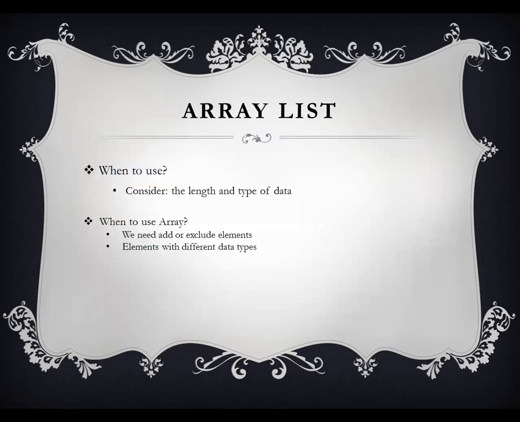When do I use an array list? I use an array list when I need to add or remove elements in the list, and the elements in the list have different data types.